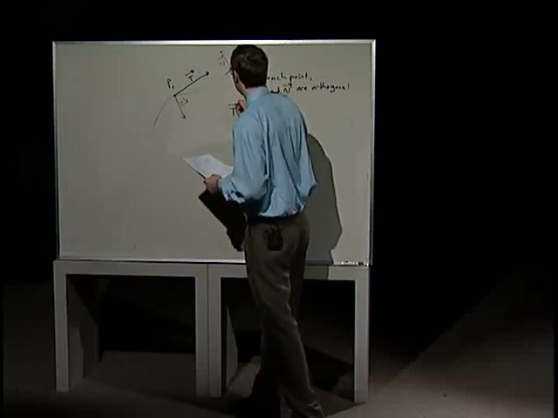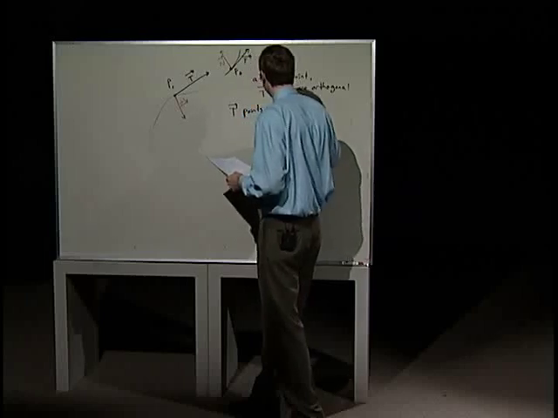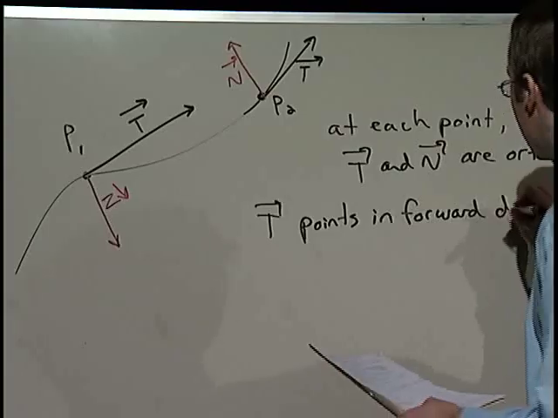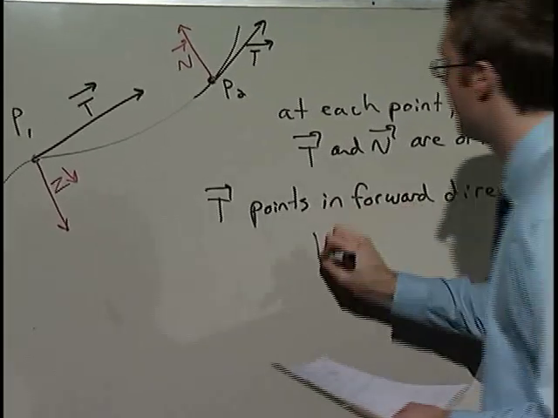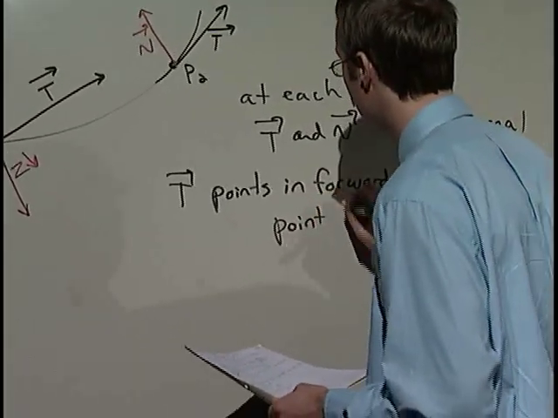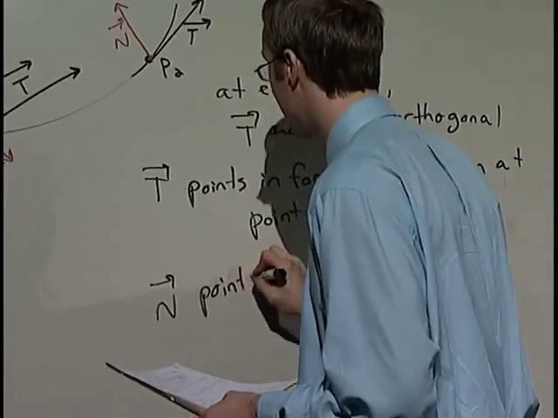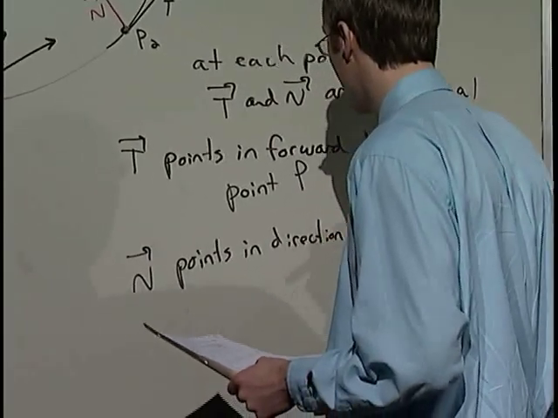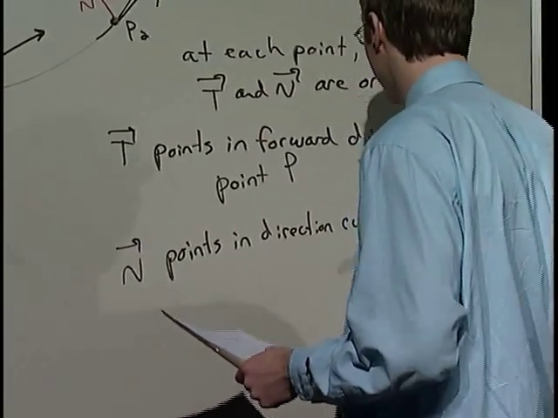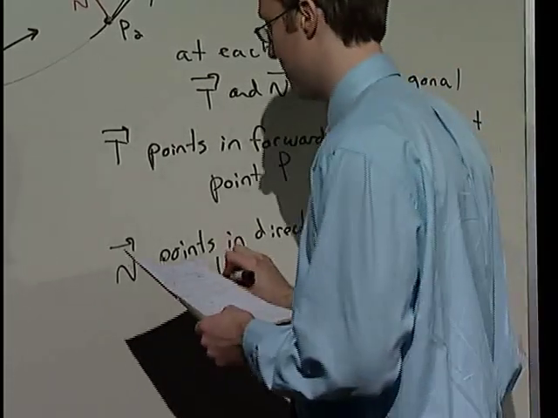T points in the forward direction at point P, and N points in the direction the curve is turning at point P.